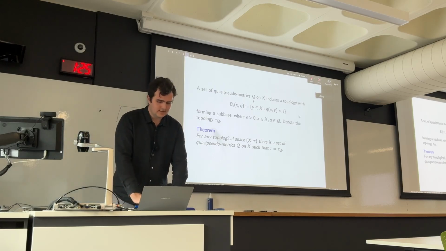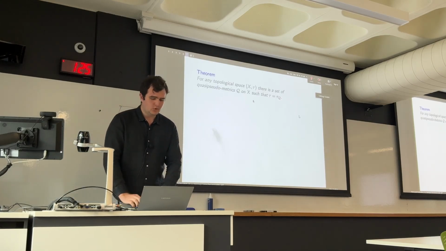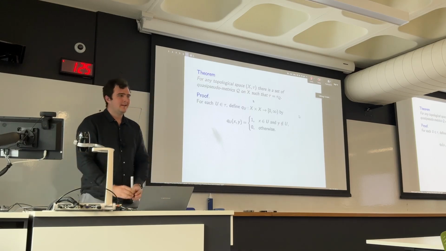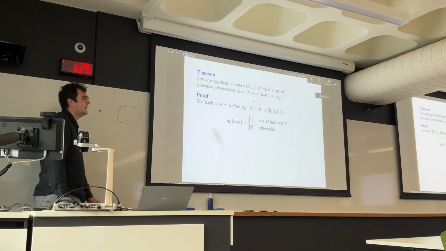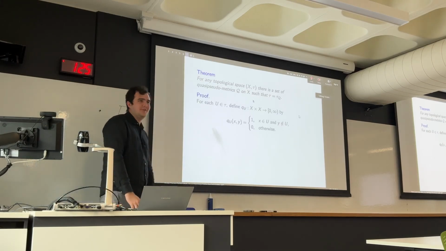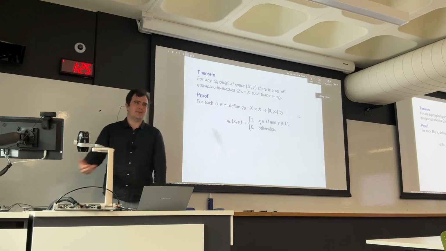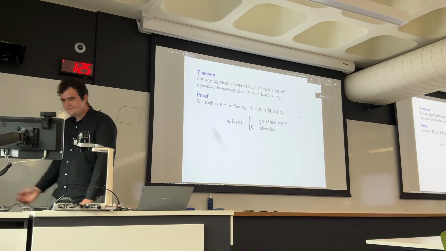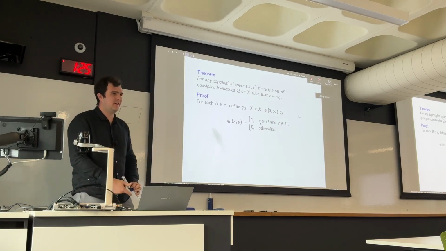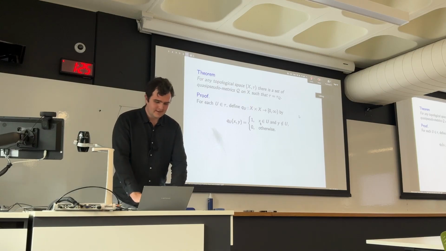Right. And here's a quick sketch of the proof. You take any open set U in tau, and you define this metric q_U to be 1 if x is in U and y is not in U, and 0 otherwise. And again, you can check that it satisfies the triangle inequality.